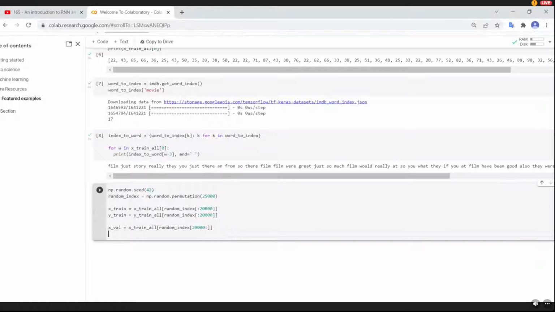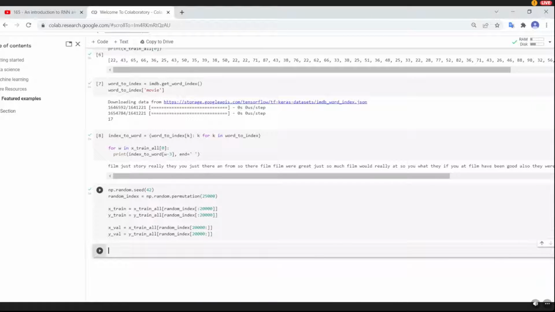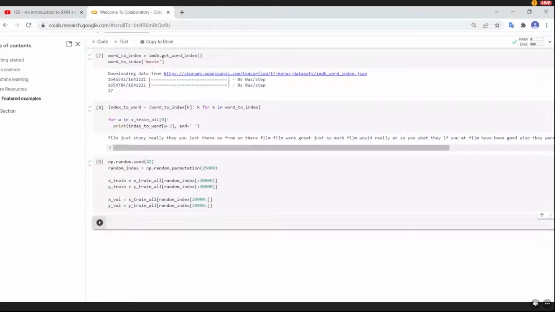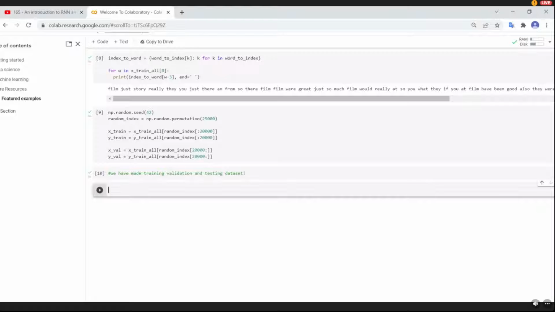Whatever is left is going to the validation set, which means 5,000. y_train_all random index 2. So we have a training, validation, and testing data set.